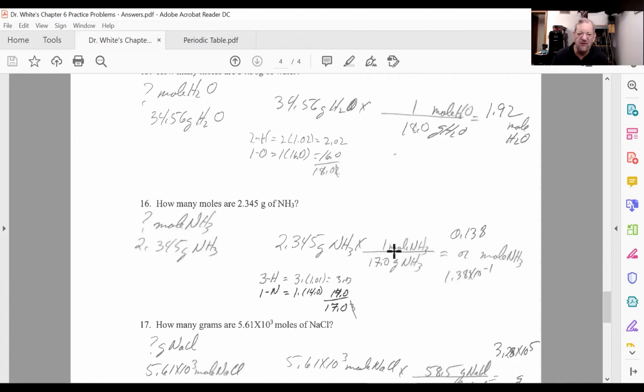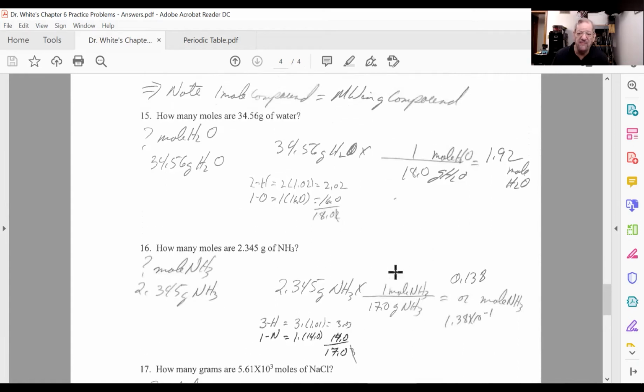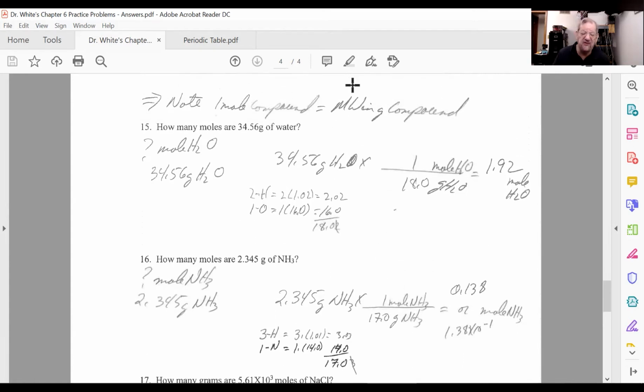Where do I get the relationship of moles to grams of a compound? It's important information, test number 2, but it's also written on top of the page. 1 mole of a compound equals its molecular weight. It also tells you molecular weight of a compound is the sum of all atomic weights.